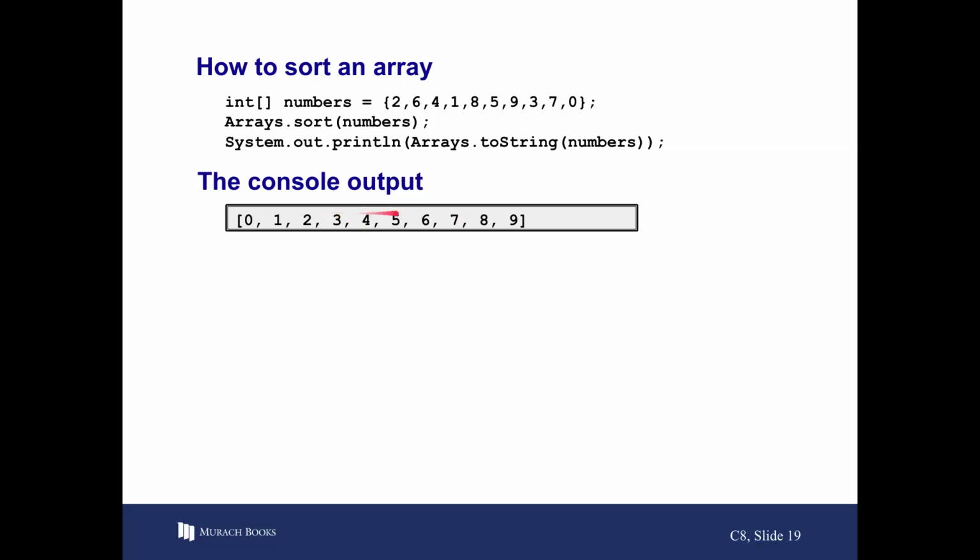In this case, this is an array of integers that we've converted to a single string looking like this: square brackets, element 0, comma, space, element 1, comma, space, etc. This is useful if you want to see what's in the array, or you want to print it out to the console for debugging purposes, or just to experiment with the built-in Arrays functions.